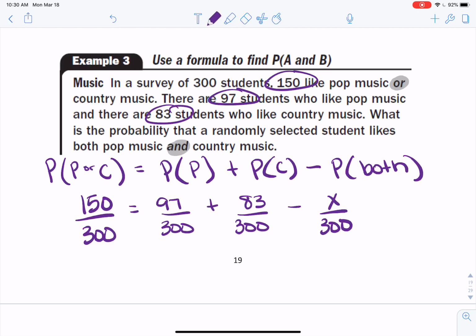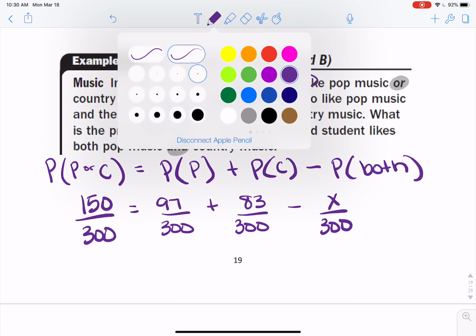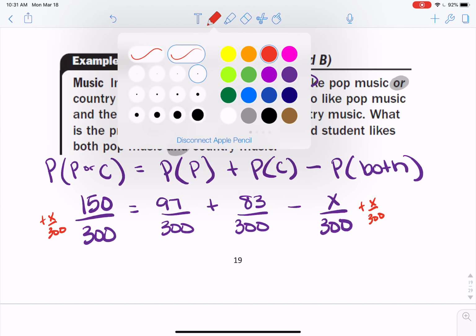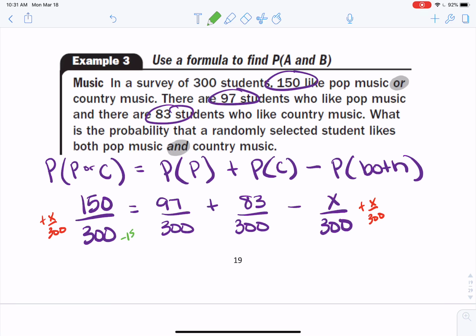So the way that this works is we want to get our x to the other side of the equal sign, and we want to get our known number, 150 over 300, to the other side. So when you're doing a problem like this, you're technically going to be adding x over 300 to the other side, while at the same time subtracting 150 over 300 to the other side.